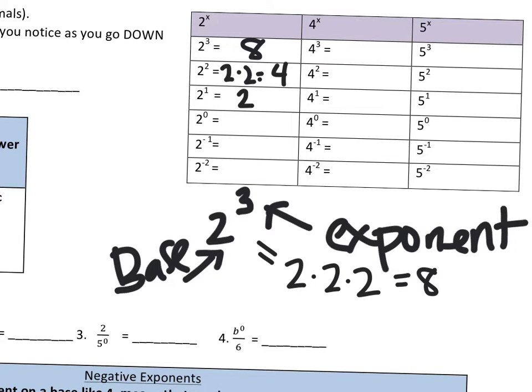If you use your calculator, you'll find that 2 to the 0 power is 1. 2 to the negative 1 power is 1/2, and 2 to the negative second power is 1/4.